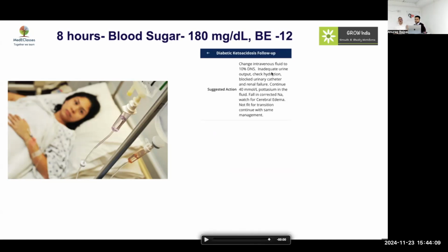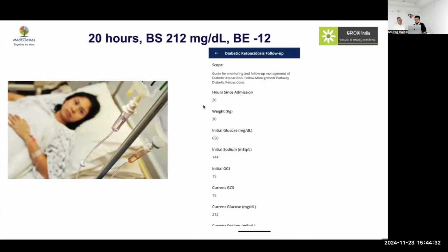The urine output is less, so it will say check for renal failure. How much urine output do you want usually? Minimum, more than 1 ml per kg per hour. And then you have to think of cerebral edema. If the corrected sodium falls, watch for cerebral edema. So there are multiple small triggers which you may miss if you don't put in all the data, which the app will be able to identify.